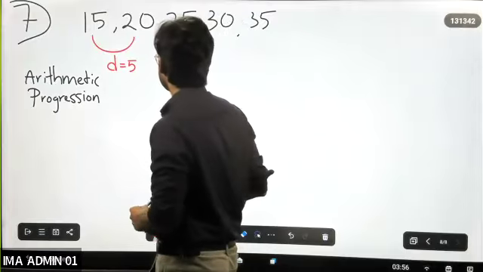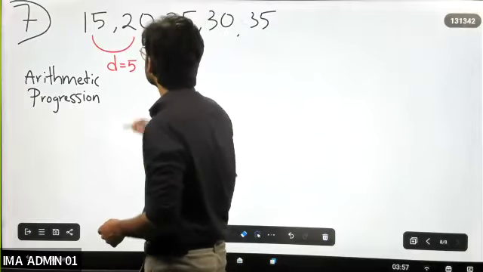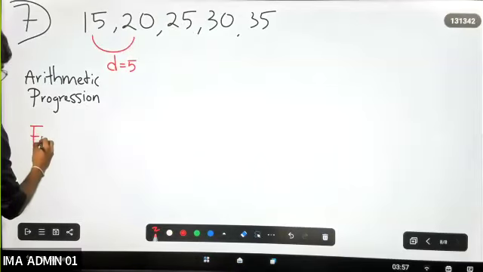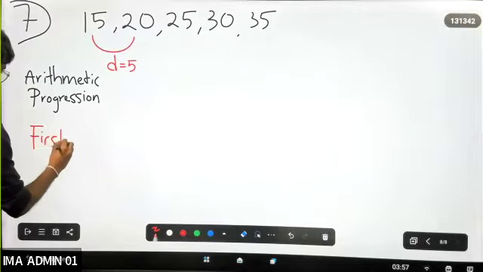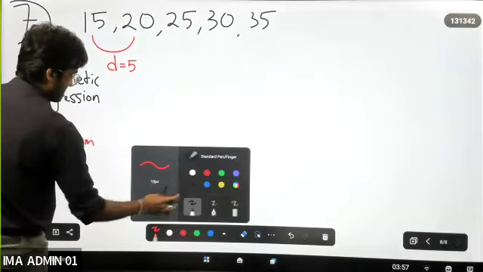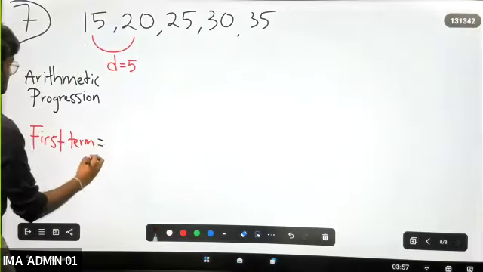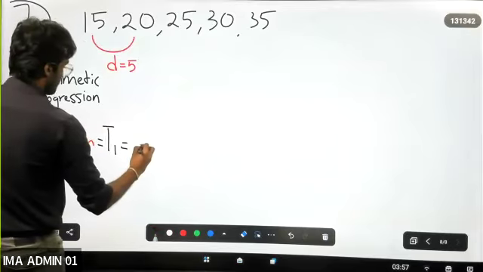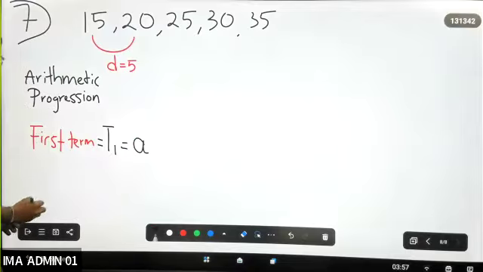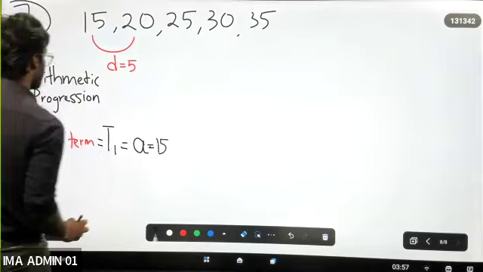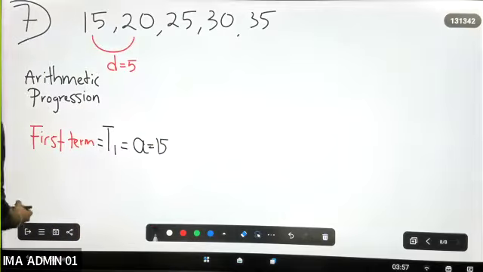We know the first term we represent in mathematical form as T1, and also as A. So the first term is 15. What is the equation that comes to your mind, which we discussed yesterday?